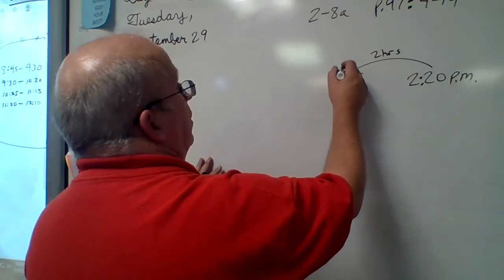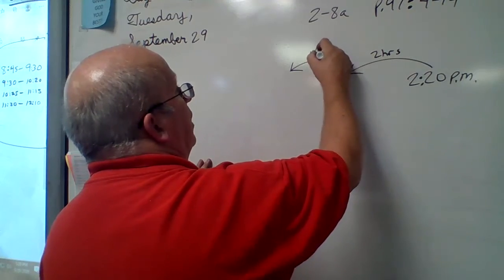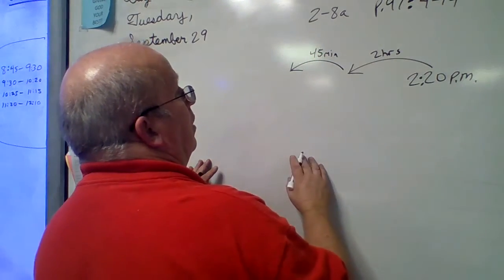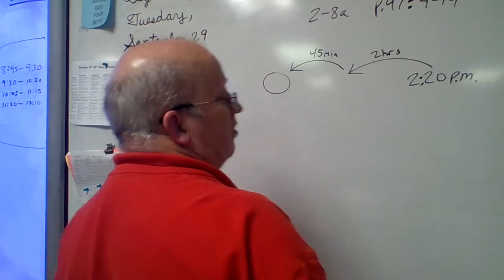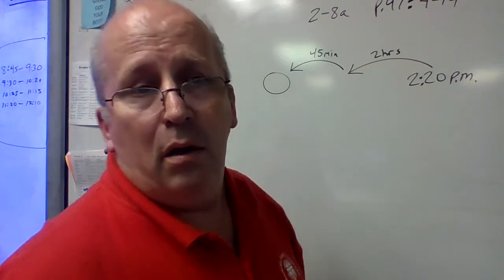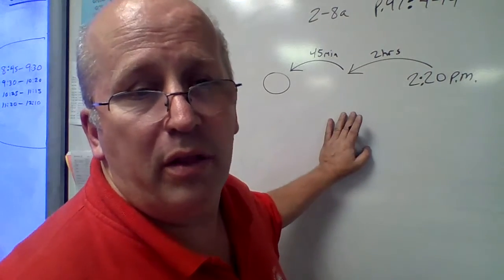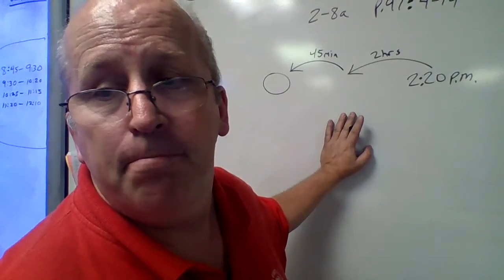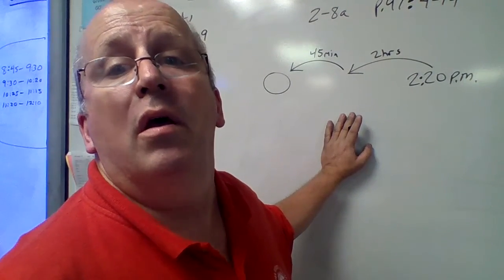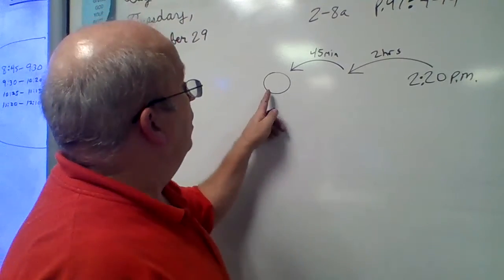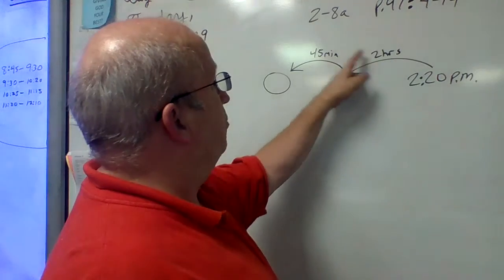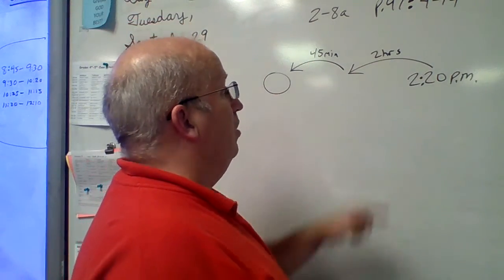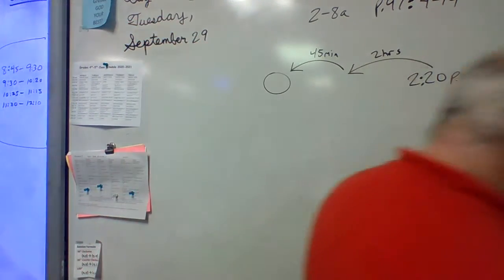So you got to go back another 45 minutes, right? And right here, that's going to be the time where he has to leave his house. And by the way, just by looking at this, do you think that's going to be AM or PM by the time he leaves his house? If you said AM, I agree with you. Whatever number this is, it's going to be in the AM zone because you're backing up 2 hours and 45 minutes from this time. Okay?